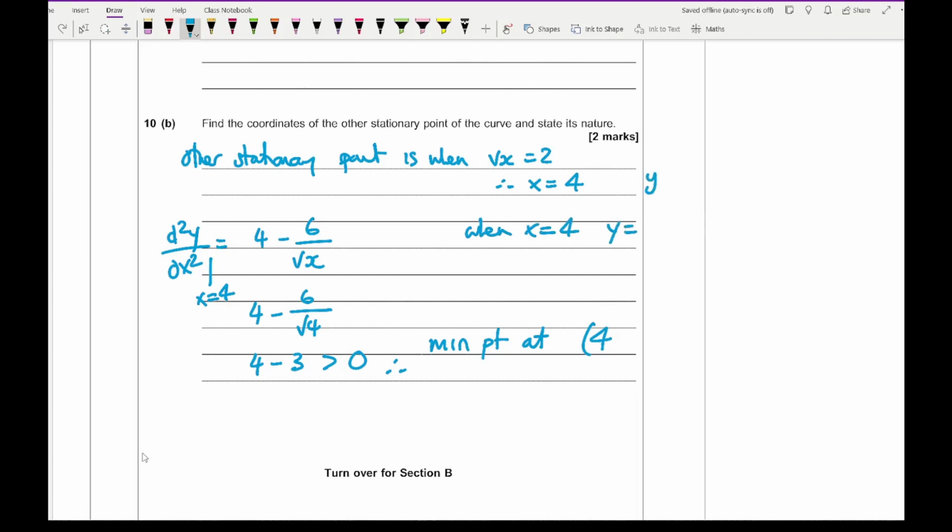Remember the formula for y was 2x squared minus 8x root x plus 8x plus 1, and if I substitute that into this, I get a y ordinate of 1. So it's going to give me a minimum point at (4, 1). And there we go.